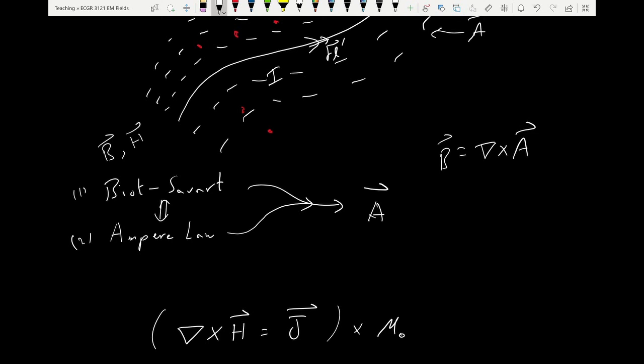If I go back to the special case of a thin current filament, I get the exact expression for A that I get from the Biot-Savart law. So the Biot-Savart law and Ampere's law are consistent with each other, and they give me the same A, which gives me the same B, because B is just the curl of A.